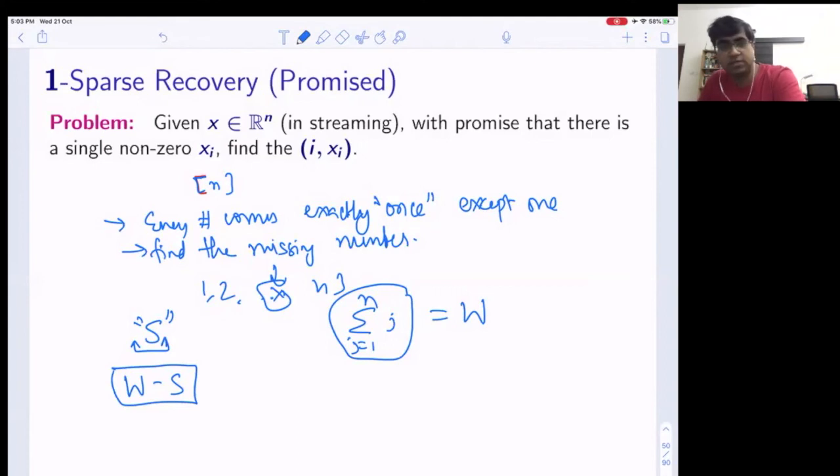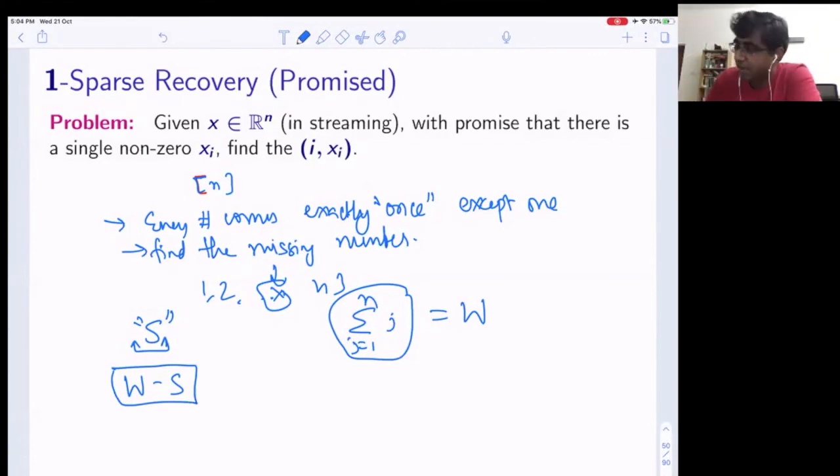So this is one possible way of doing things. Why can't we do something of this nature? What happens if we just keep the sum? Can't we tell what value is non-zero, like what is the value of that non-zero?